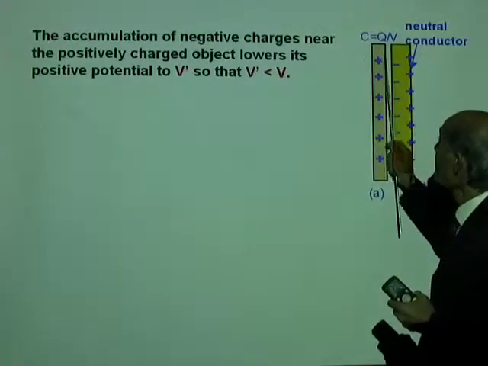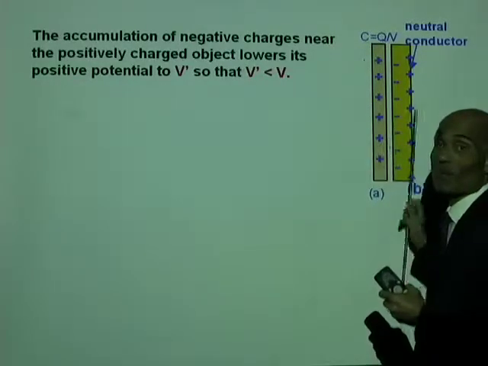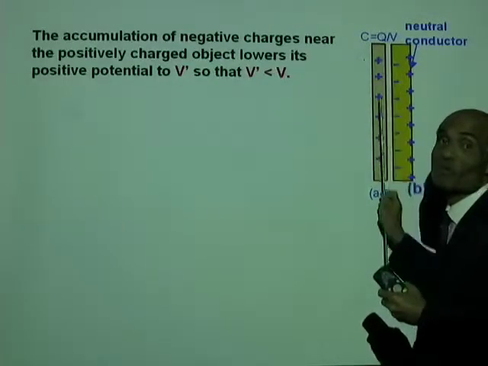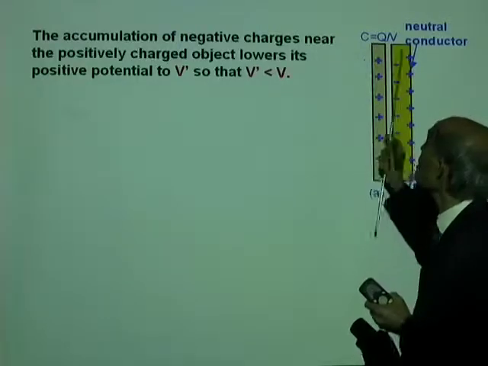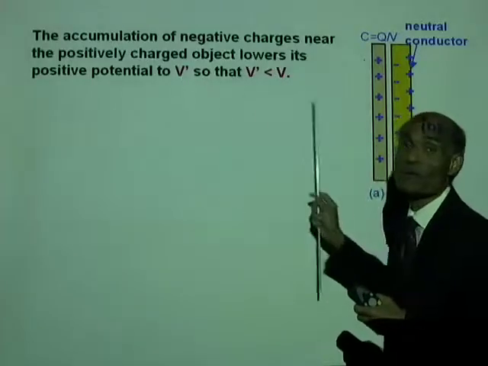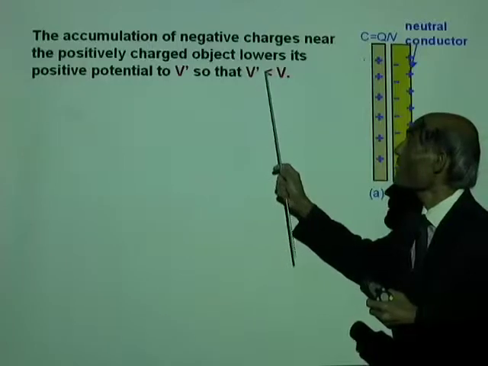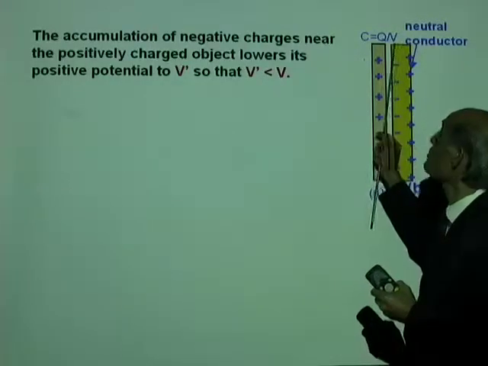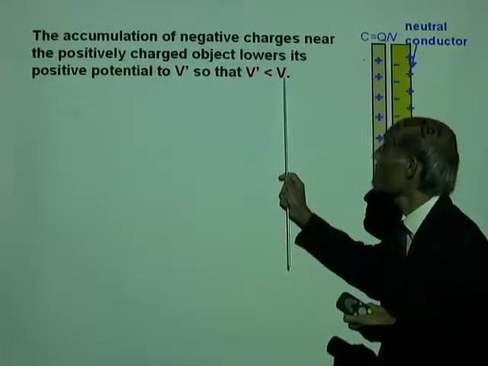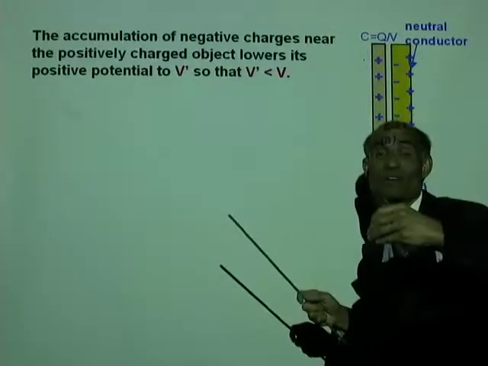That means we haven't changed the amount of charge on this charged object, but by simply bringing a neutral conductor near it, we have reduced the potential. If V prime is the new potential of this conductor, then V prime is less than the original V. That means if you now want the potential back to V, we need to add more charges.